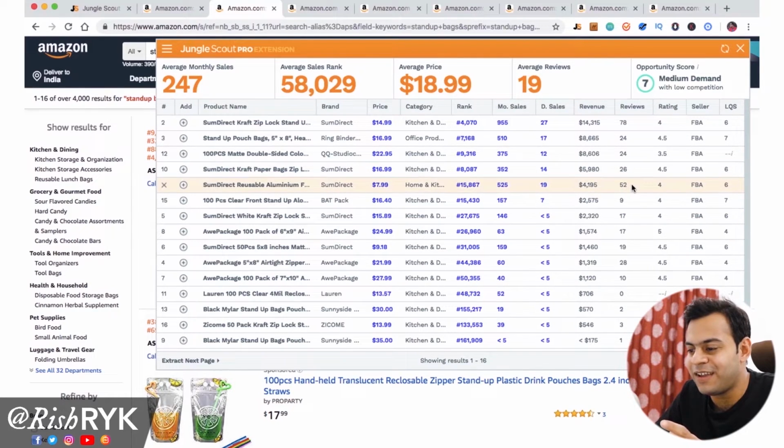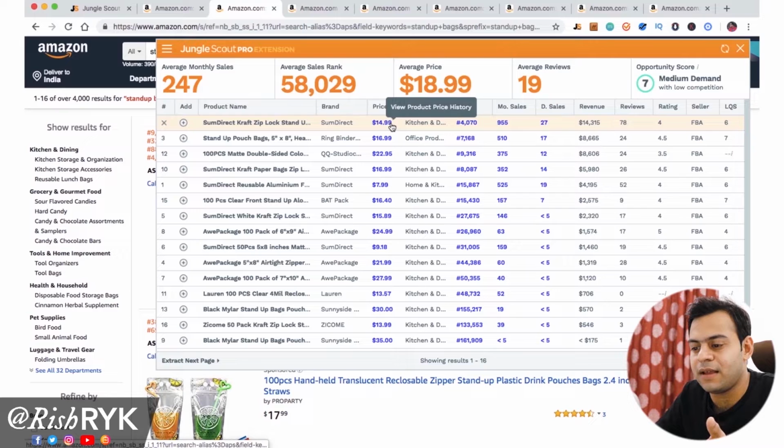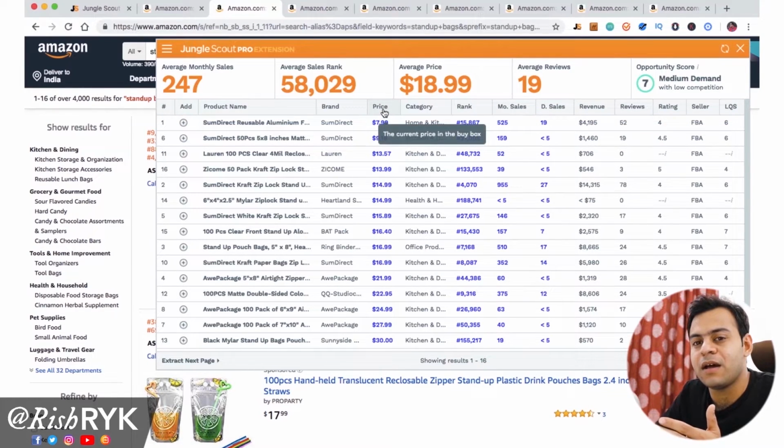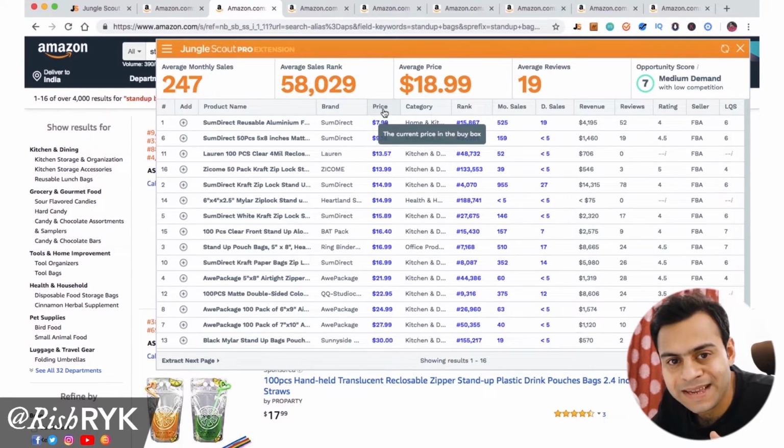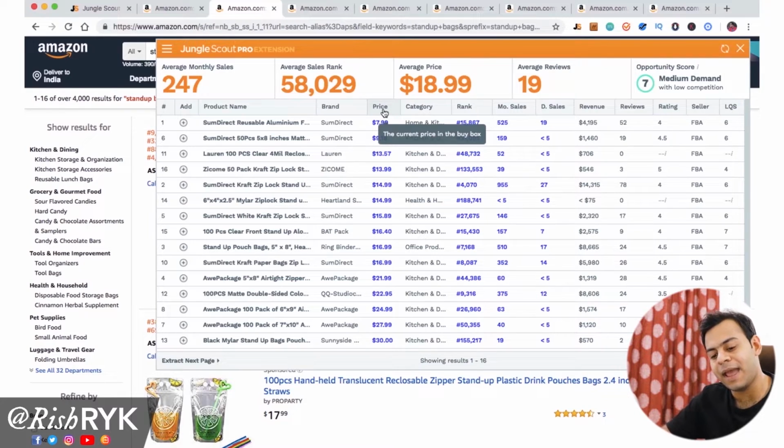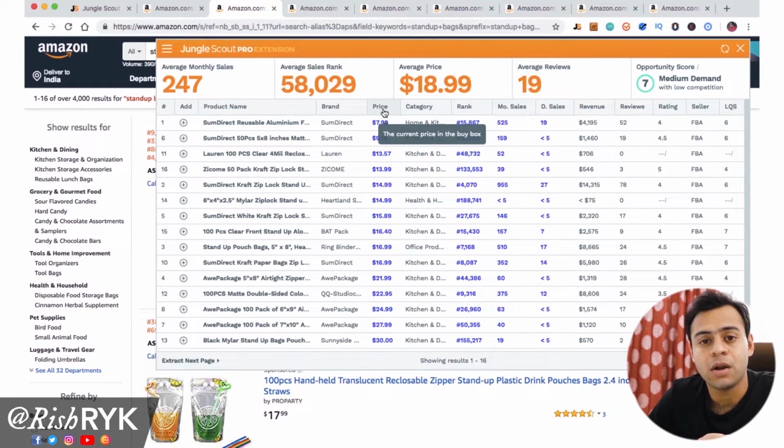So as you see over here, this first one is selling about 1,000 units, but it's only making $14,000, and it's selling them at $15, which is under our minimum selling price, which I told you should be $21 or $20 at minimum, because if you're selling anything below $20, you can never make a $10 profit, and that is something you would not want to be doing when you're first launching your product on a budget, when you're just starting out this business.